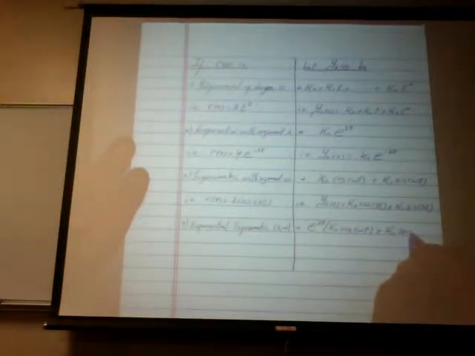So if we have an exponential times a trigonometric function, with exponent lambda and trigonometric argument omega, then you select e to the lambda t times k0 cosine of omega t plus k1 sine of omega t.